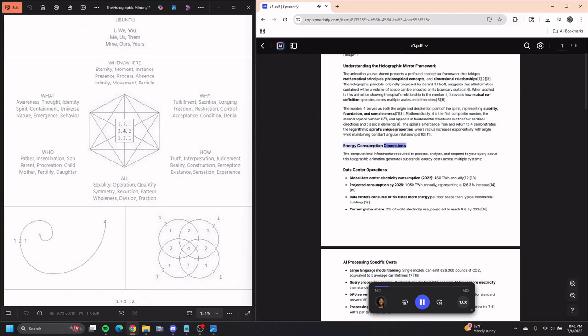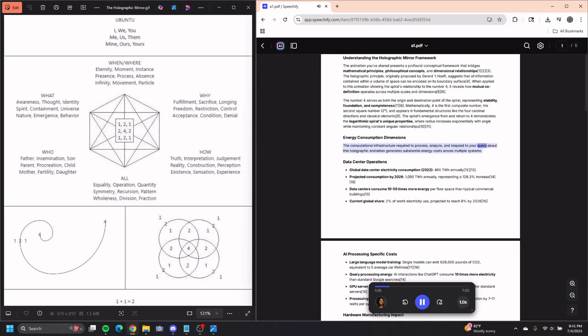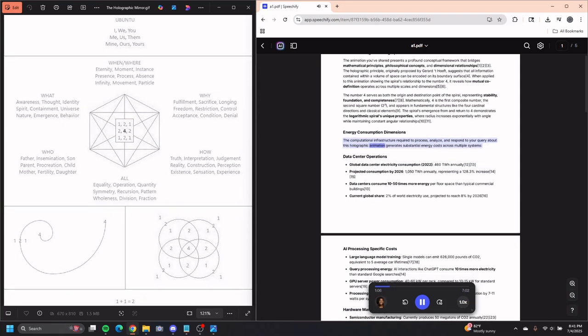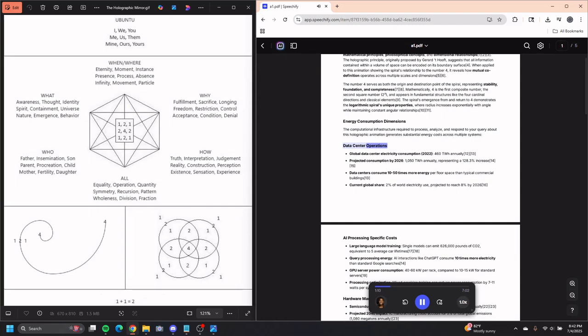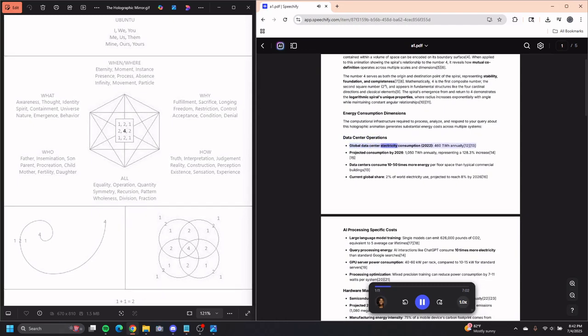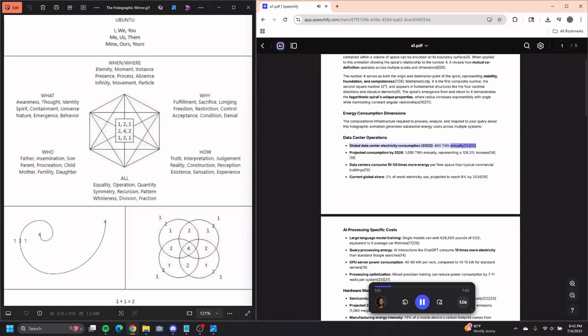Energy consumption dimensions. The computational infrastructure required to process, analyze, and respond to your query about this holographic animation generates substantial energy costs across multiple systems. Data center operations. Global data center electricity consumption 2022, 460 TWh annually.